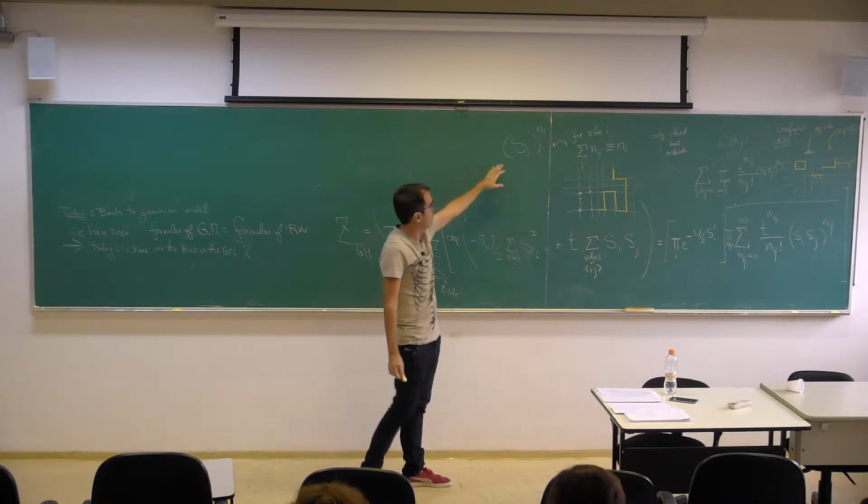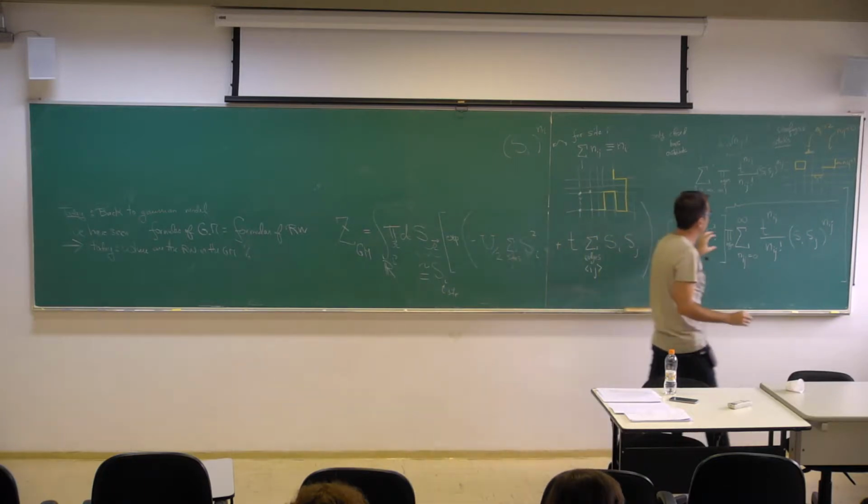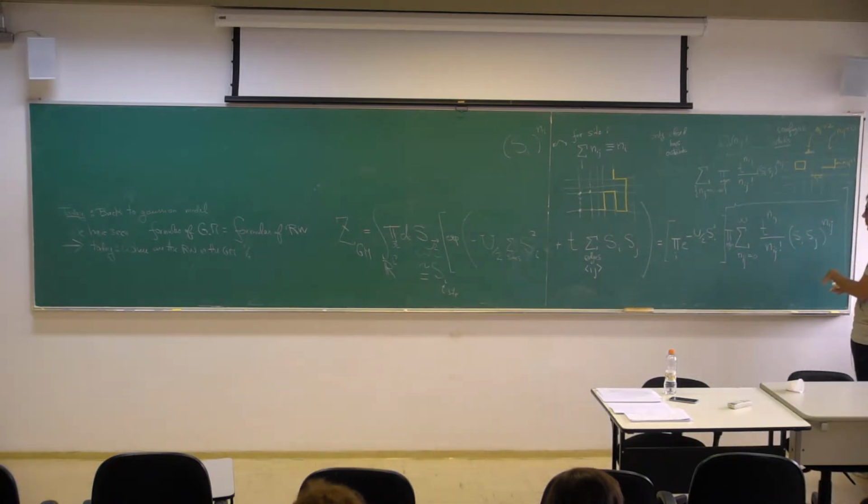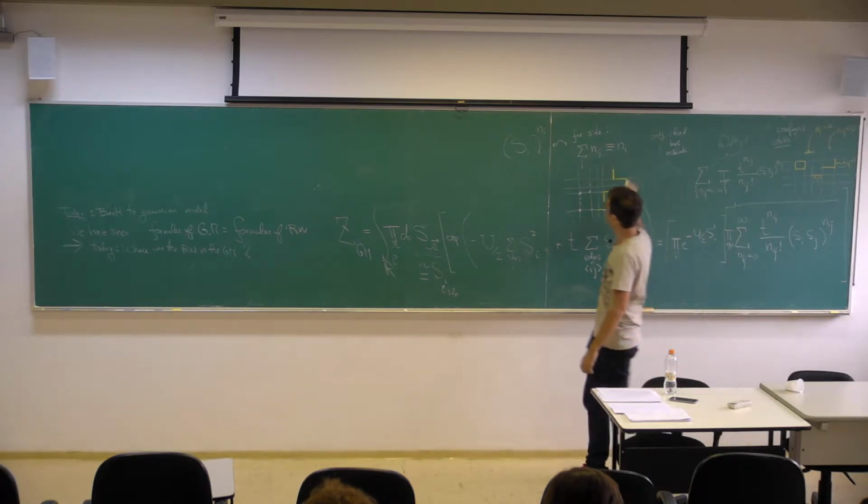We care about integrating over each Si, and we want each Si downstairs to be either 0 or an even power. So Si appears in stick ij, ik, il. If I sum over all neighbors of I, I see what the power of Si is. So that's a very convenient thing to define, this Ni.